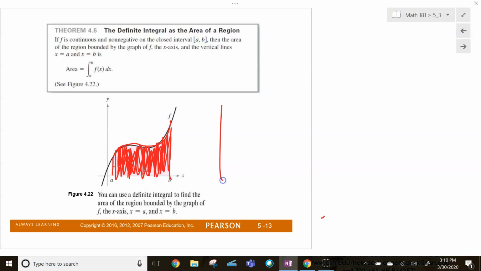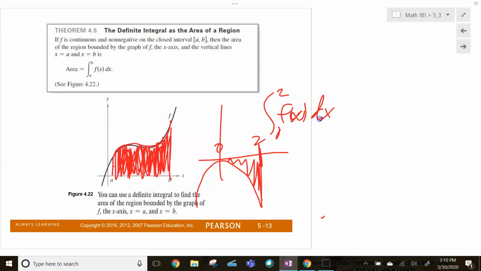If you're not, like let's say you're doing the integral from 0 to 2 of this function down here, and let's say it ends up being -3.